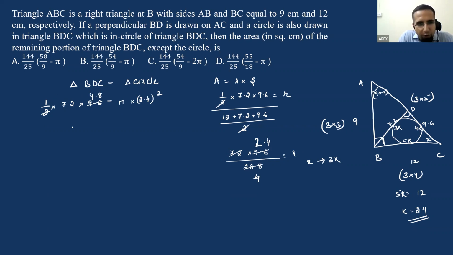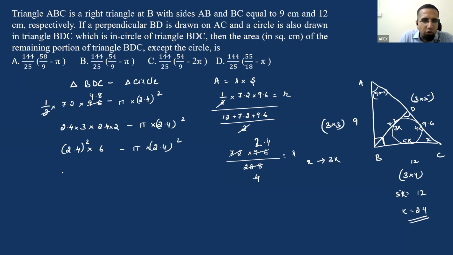We can write this as 2.4 into 3 into 2.4 into 2 minus pi into 2.4 whole square, which can be written as 2.4 whole square into 6 minus pi into 2.4 whole square. So all that we can do is take 2.4 whole square common. Clear? Into, I can have 6 minus pi.